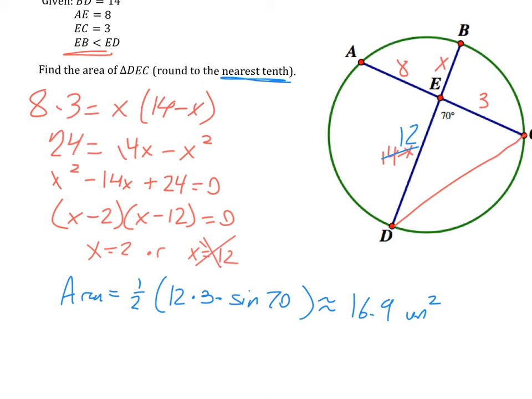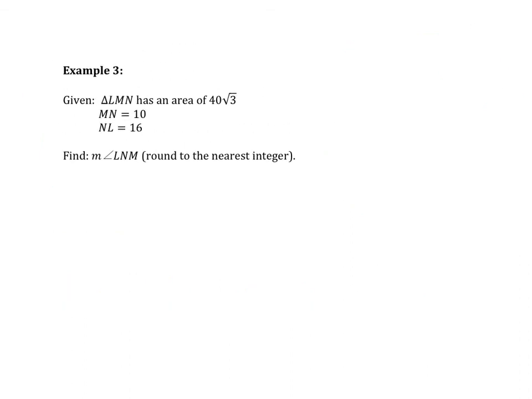We have one last problem. Here, we have a triangle given an area, and I'm asked to find the measure of angle LNM, rounded to the nearest integer. So rounding, I can use this approximate formula.